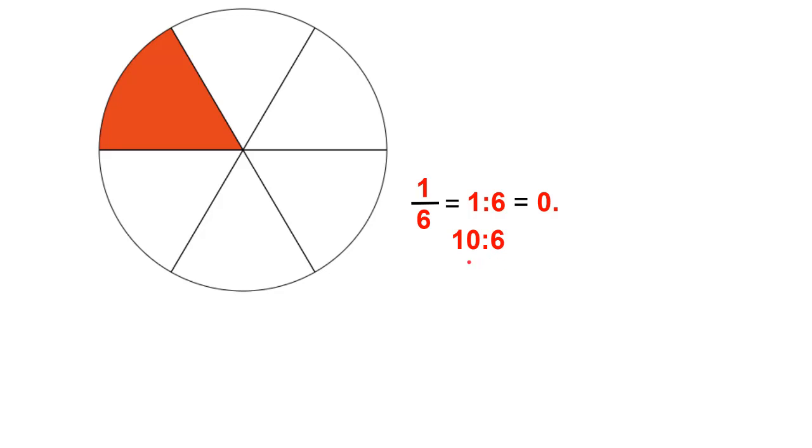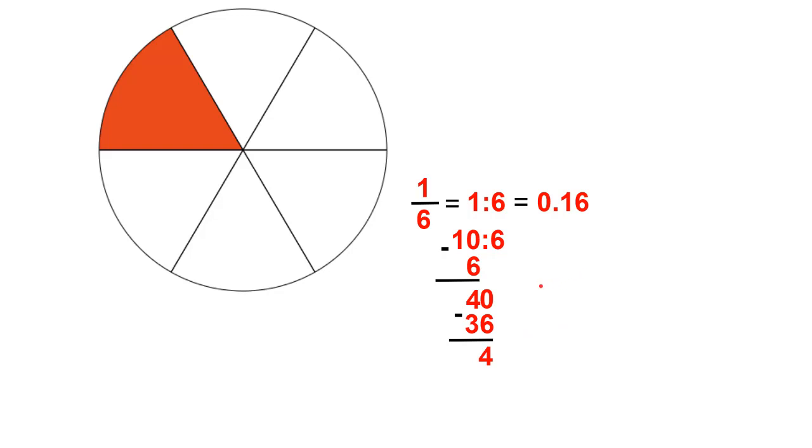And we add a 0 to the 1, and we get 10 divided by 6, which is 1. 1 times 6 is 6, and we're left with a 4. 4 is too small, so we add a 0. 40 divided by 6 is 6. 6 times 6 is 36. And we subtract.